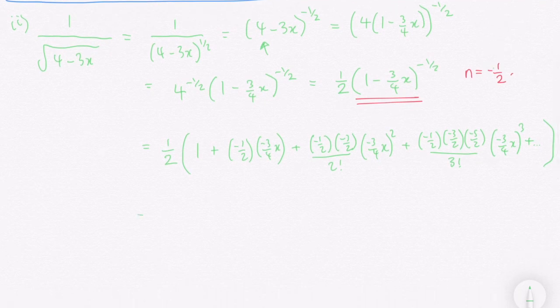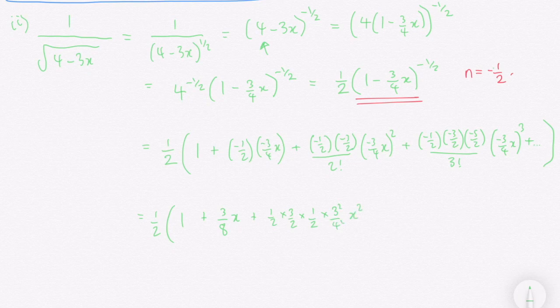So what is this equal to? Well, it's a half of 1 plus 3/8 of x. So what have we got here? We've got 4 negatives all being multiplied, so that is positive. We have a half times 3/2 times a half, which is the 1 over 2 factorial, times by negative 3/4 squared, so 3 squared over 4 squared, lots of x squared.